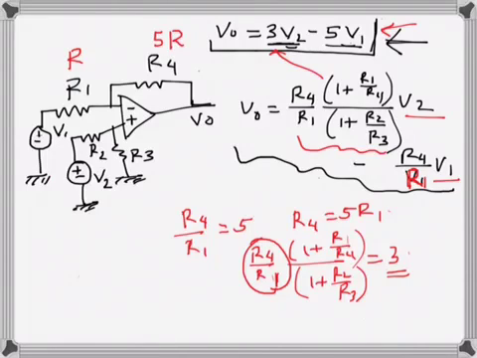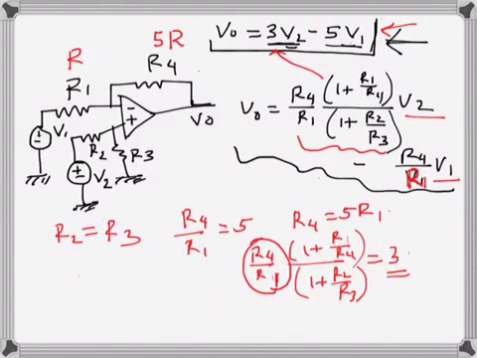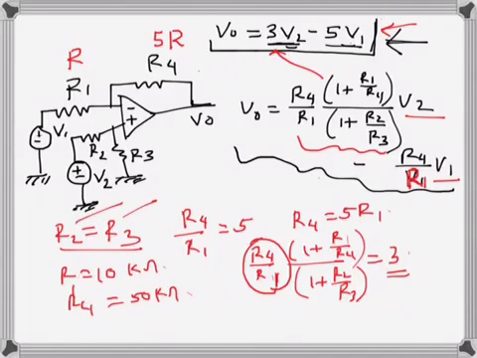So we can also have R2 and R3 as some other resistance, because they will be equal as we saw here. So maybe R1 is 10 kilo ohms, R4 is 50 kilo ohms, and then maybe these two, say 20 kilo ohms, and we will get the desired output voltage.